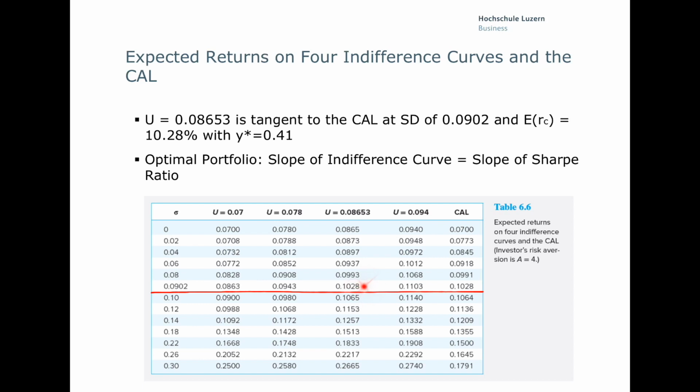These are the risk-return parameters of the optimal complete portfolio with y equal to 0.41. We conclude that the choice for y, the fraction of overall investment funds to place in the risky portfolio, is determined by risk aversion, the slope of indifference curves, and the Sharpe ratio, the slope of the opportunity set.